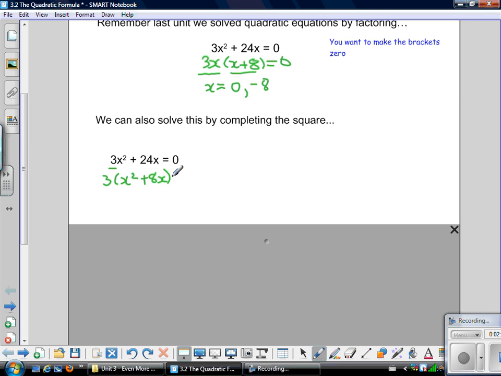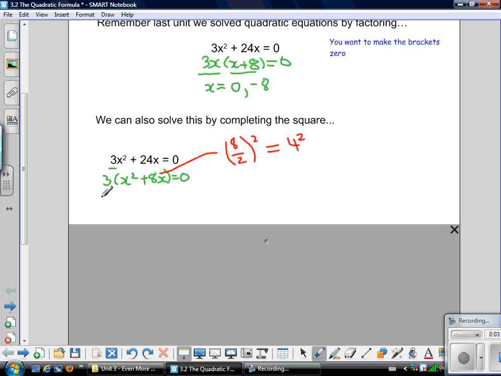And then we take half of that number, so we take half of 8 and we square it. Half of 8 is 4, and we're going to square 4, which is 16. So we're going to add 16 and subtract 16.